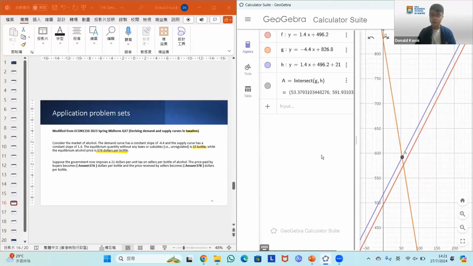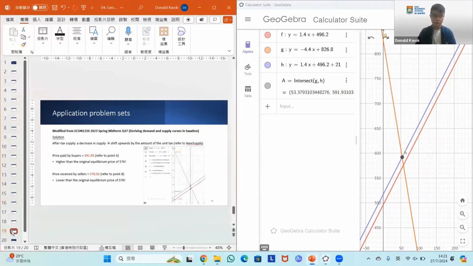So the price received by sellers is 591.93 minus the per unit tax of $21, which is $570.93. And this makes sense now: the price received by sellers after taxation is lower than the original equilibrium price of 576.